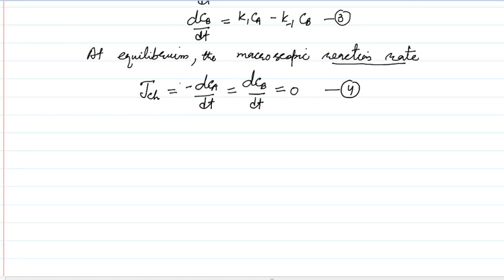So from this we can say that if we compare second and third, we will get K minus 1 Cb, at equilibrium, so we put a superscript E here representing the equilibrium state, equal to K1 Ca equilibrium.